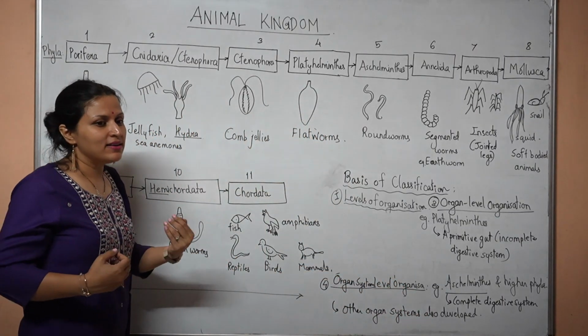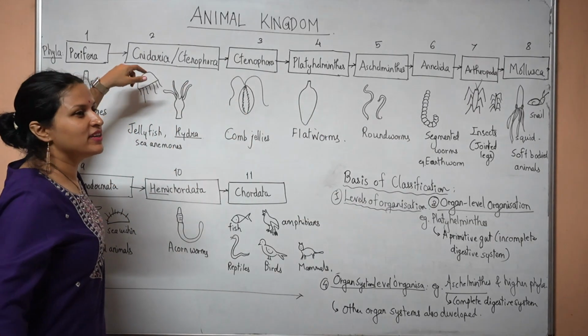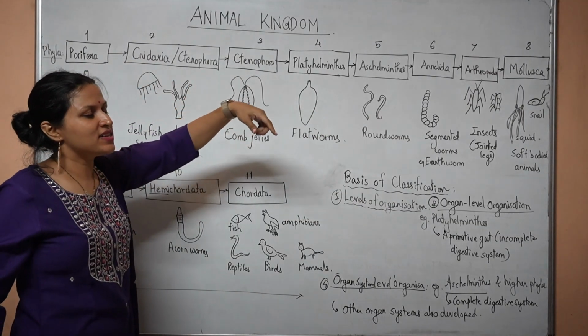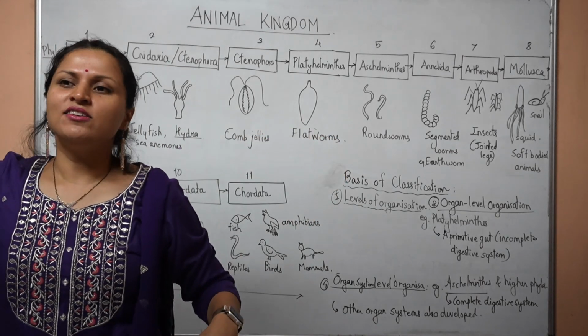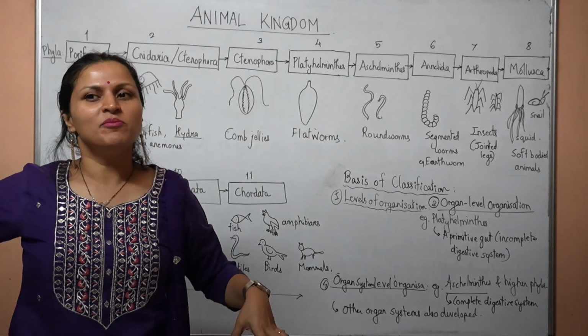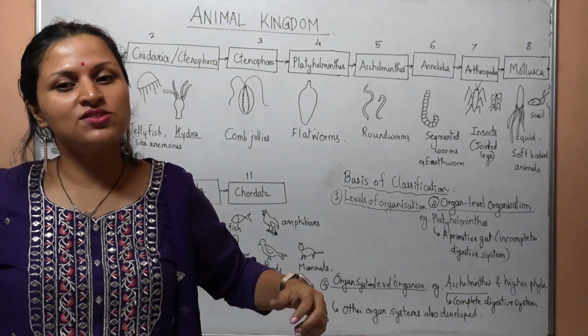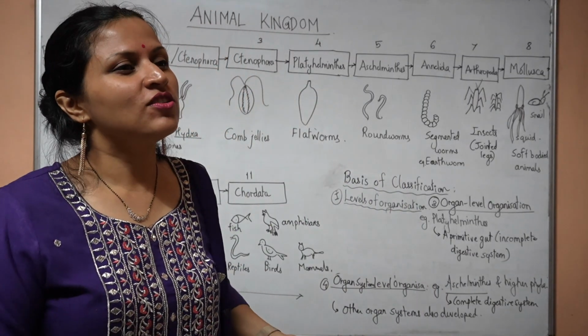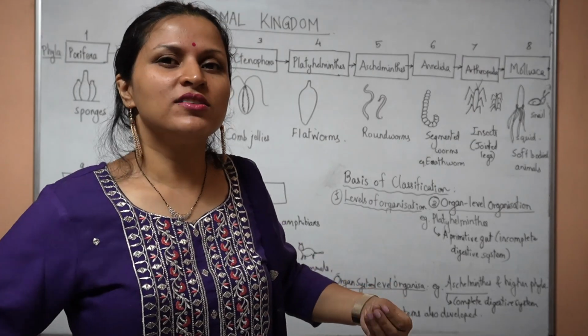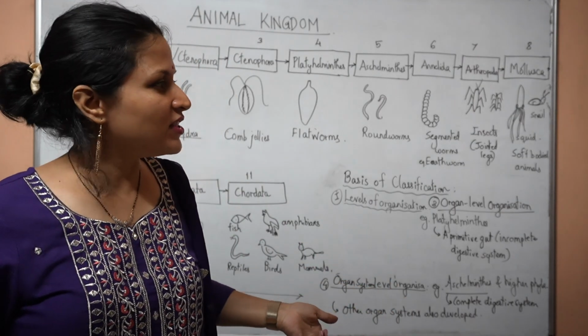So probably it so happened that as life was evolving at one side with the sponges and the cnidarians, etc., somewhere along the line evolution also started at another place and it gave rise to new beings altogether. It's not necessary that all these phyla have to evolve one after the other.